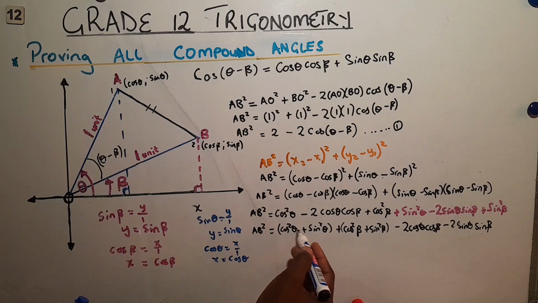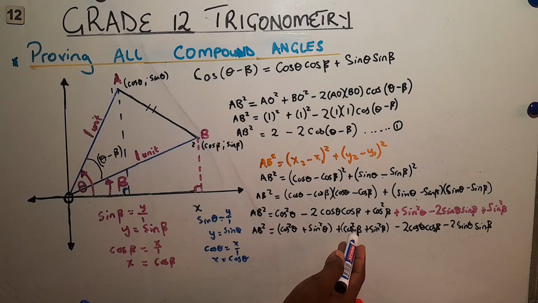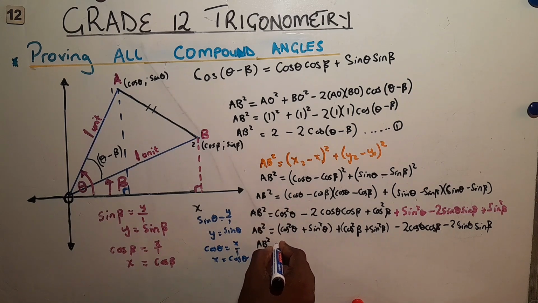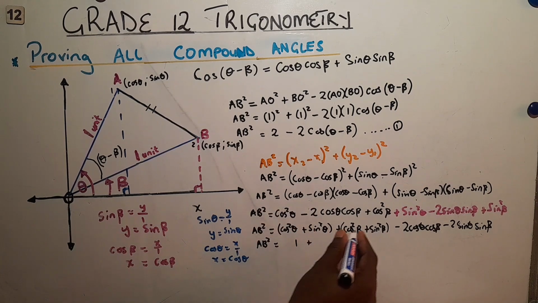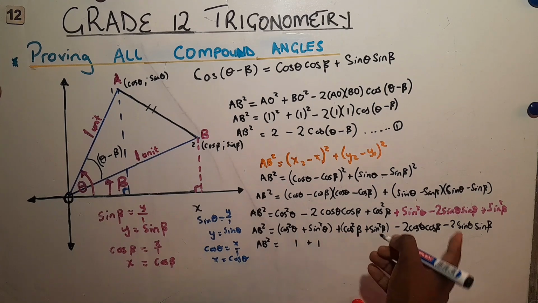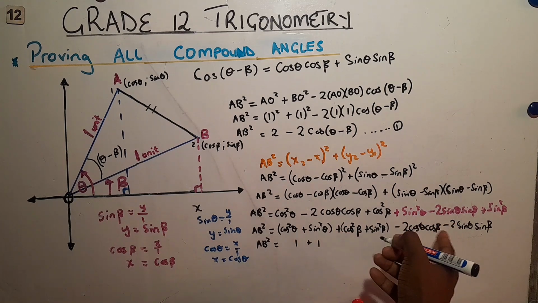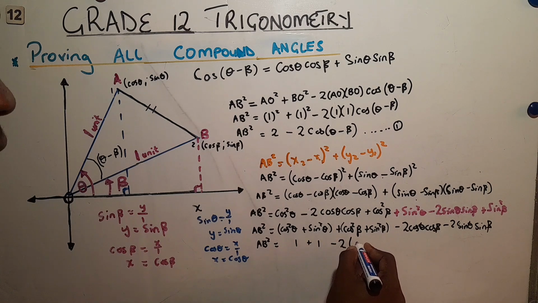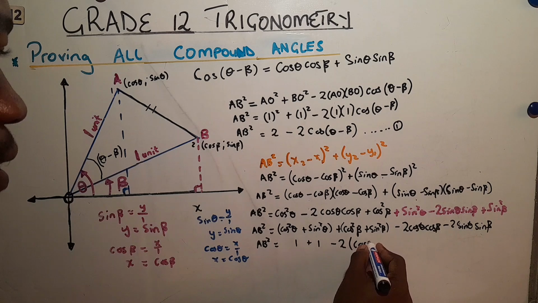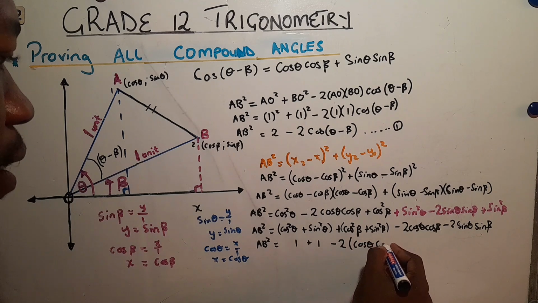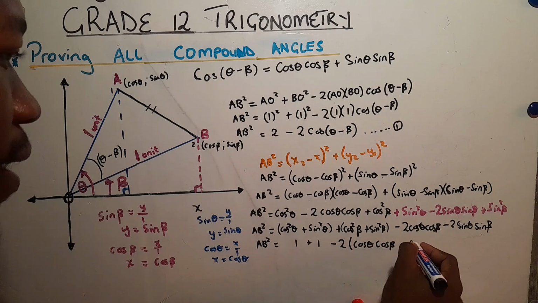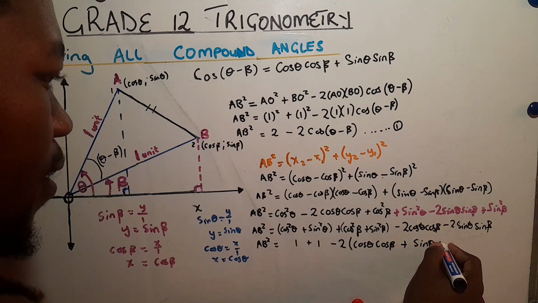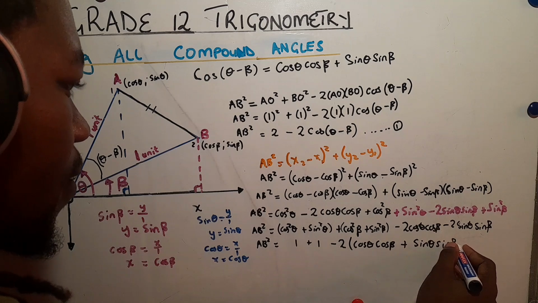But you know that cos squared theta plus sine squared theta is equal to 1, and also cos squared beta plus sine squared beta is equal to 1. So our AB squared becomes this 1 plus this 1, and then we can factor out the common factor, which is negative 2. So that's negative 2, and we have cos theta cos beta plus sine theta sine beta.